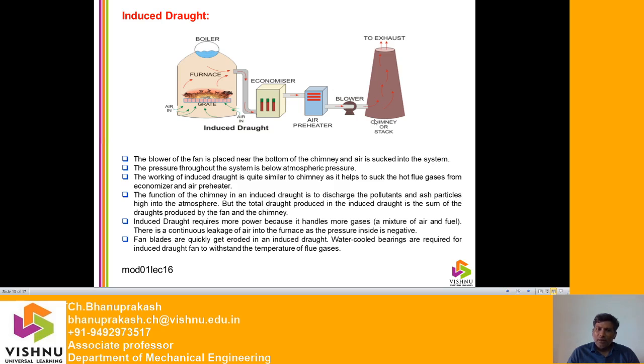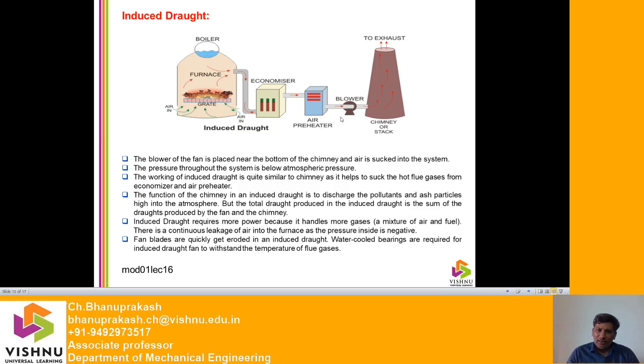Induced draught generally requires more power because it handles more gases, a mixture of air and fuel gases. But in the case of the forced draught fan, the blower is located near the entrance of the boiler furnace, and it handles only air, not the exhaust gases.